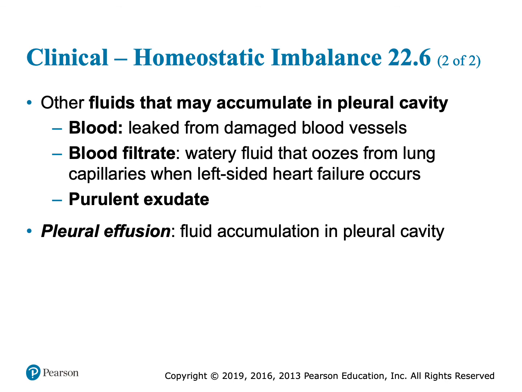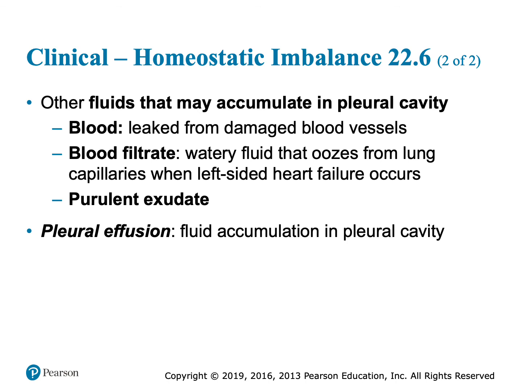Other things can gather in the pleural cavity, none of which you want. When something builds in that pleural cavity, it's called pleural effusion. So that's the general term. Then you have to find out, so you take an x-ray, you can see fluid surrounding your lungs. This is different from pneumonia. Pneumonia is fluid inside the alveoli.